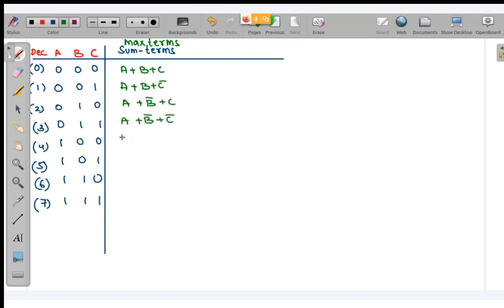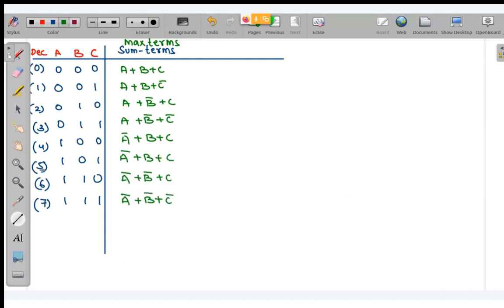This corresponds to A complement plus B plus C. This will correspond to A complement plus B plus C complement. This will be A complement plus B complement plus C. And last will be A complement plus B complement plus C complement. So these are your max terms.